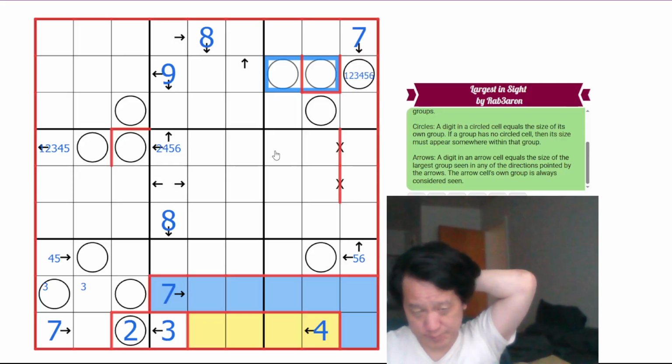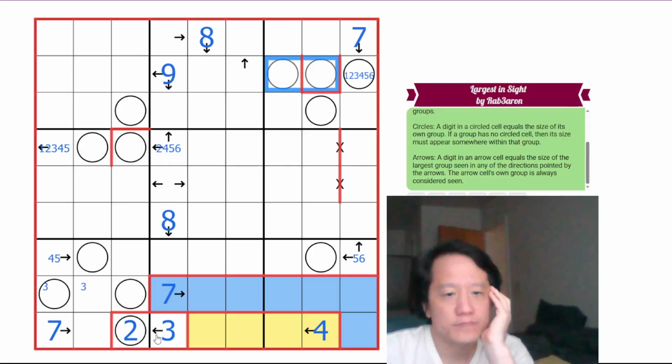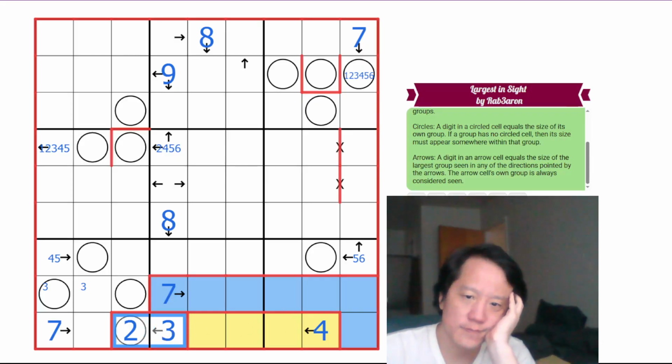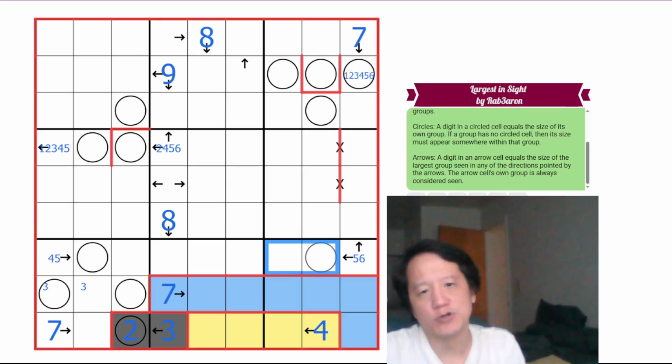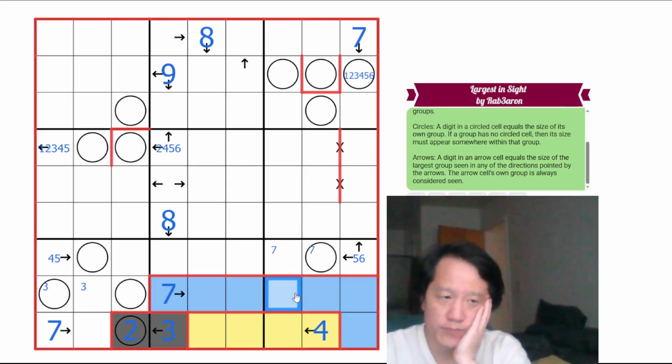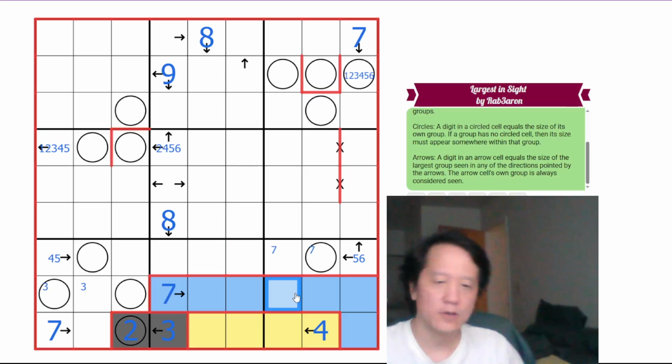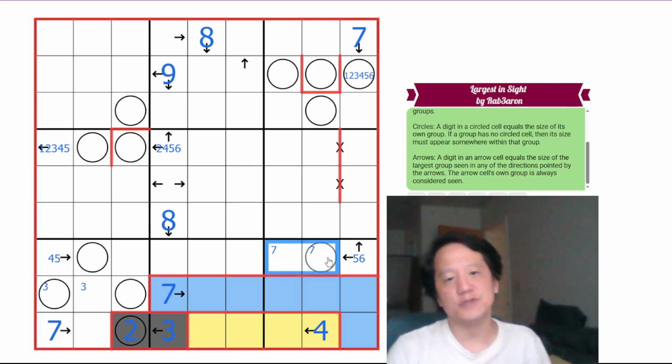Okay. One of these could always be 1, right? 7 has to be one of these 2. No. So this can't be 7.